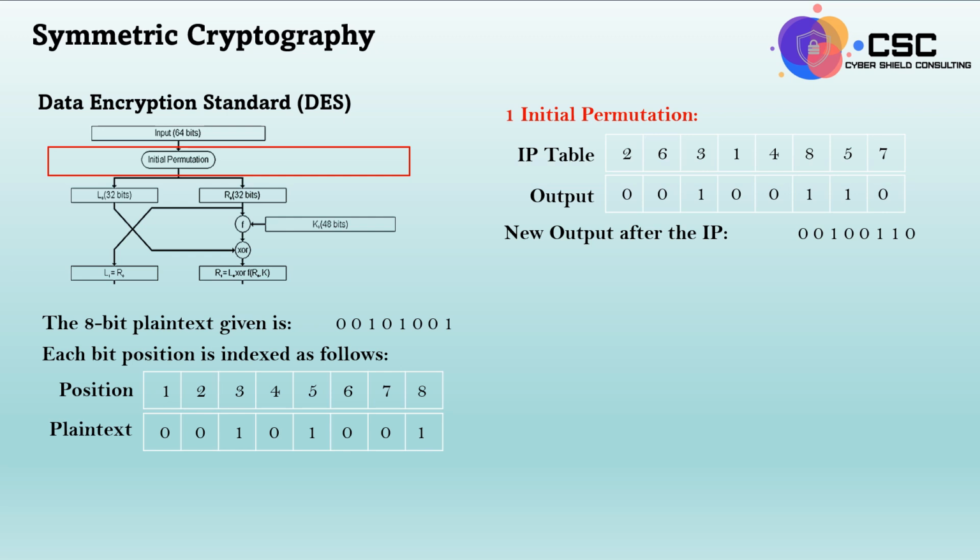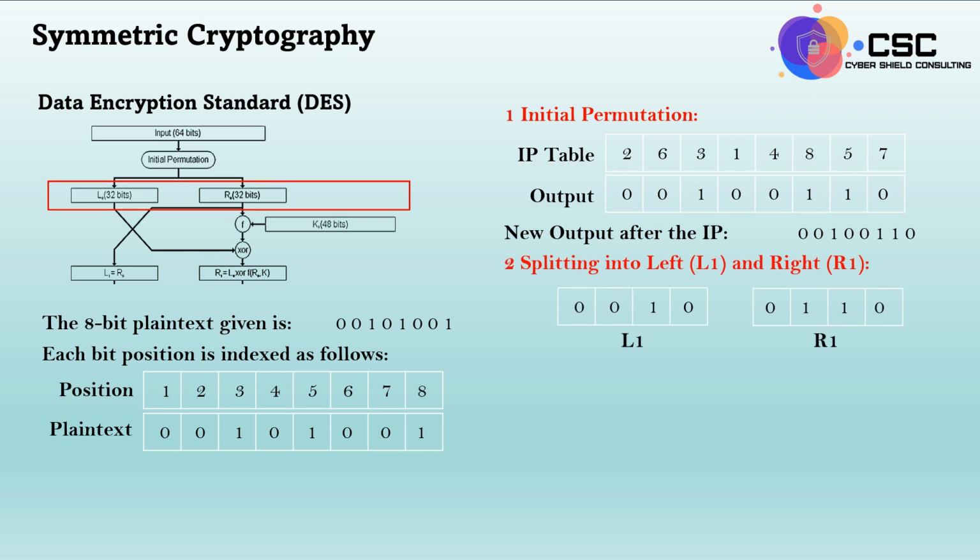00100110. Next, DES will split the 64-bit block into two equal halves. In our simplified 8-bit example, we divide it into two 4-bit halves. So we have L1, the left half, 0010, and the right half R1, 0110. Now what happens?